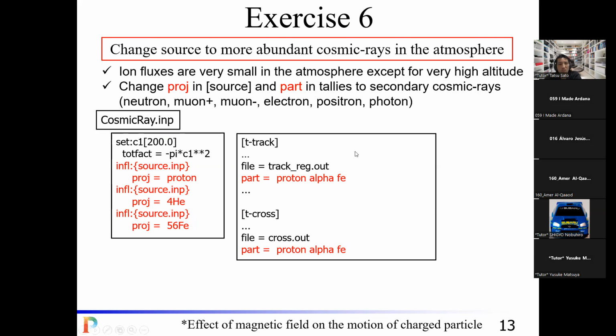Please change these lines. The input source is the same, but the project should be neutron, muon plus, muon minus, electron, positron, and photon. So you have to set up 6 multi sources and change the part parameter to these 6 particles.